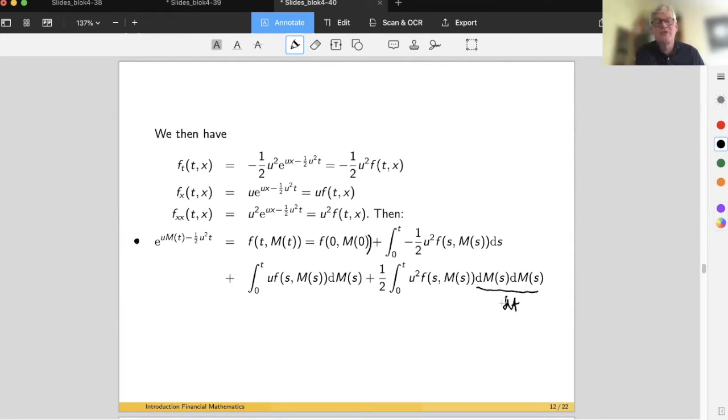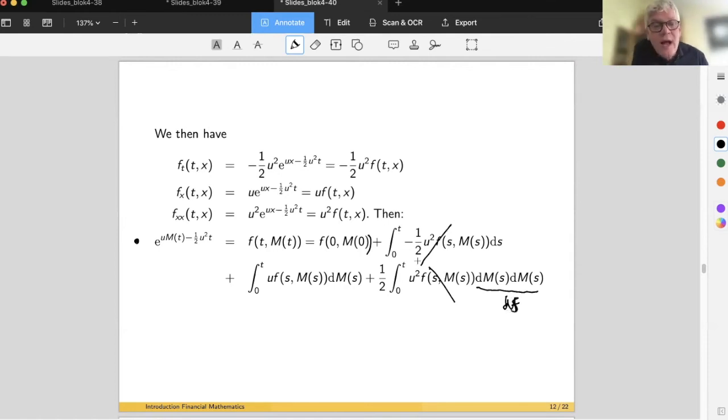Remember one of the assumptions in our theorem. And if we look carefully, we see that the term with minus 1/2 u squared f ds cancels out with the term plus 1/2 u squared f ds.